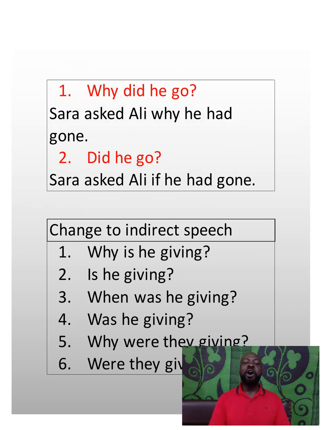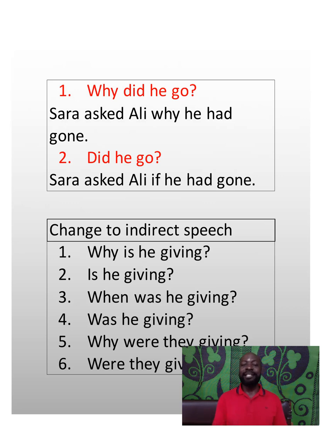Why did he go? Sarah asked Ali why he had gone. Here we have did. Did is different from does and do. Did changes to had. You jump and then you come back and change did to had. Sarah asked Ali why he had gone.